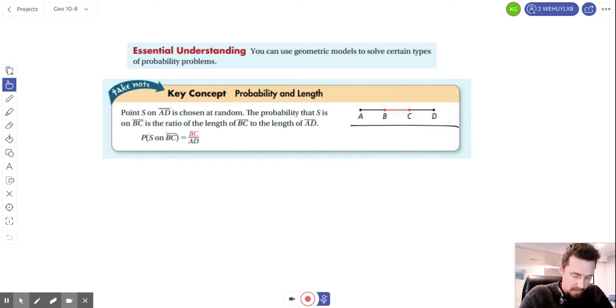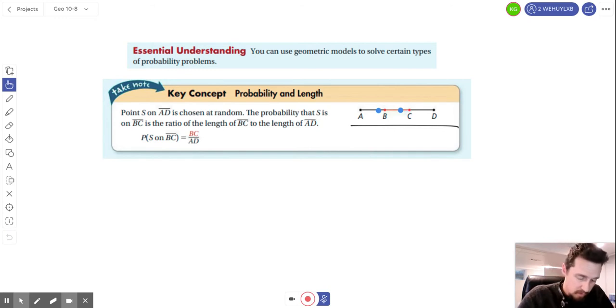Let's put some random dots on that line. So I'm just going to randomly put a dot there. Not on BC. There. Oh, that wasn't quite a dot. Let's try again. It was like right there. That is on BC, right? So there's a chance that it falls on there. There's a chance that it doesn't.